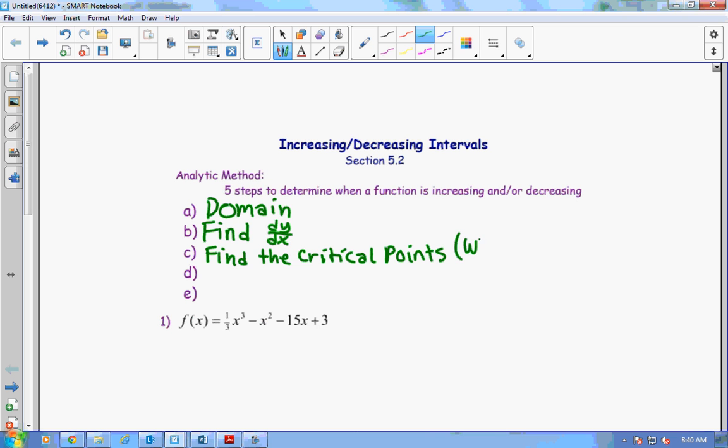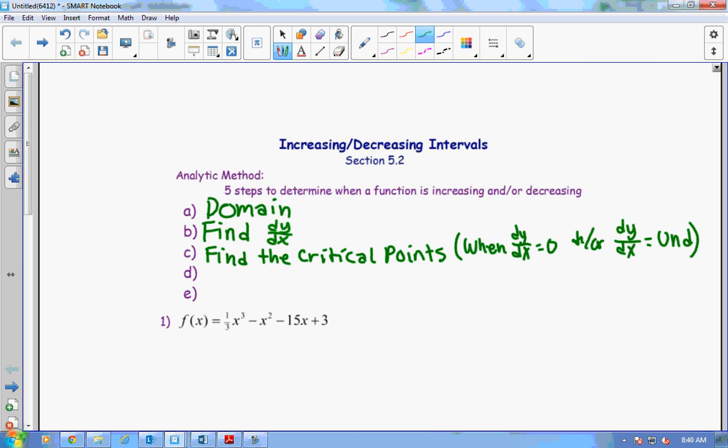When the velocity function, or dy dx, equals 0, what does that mean? You have a max or a min. And we're also looking at when dy dx is undefined.